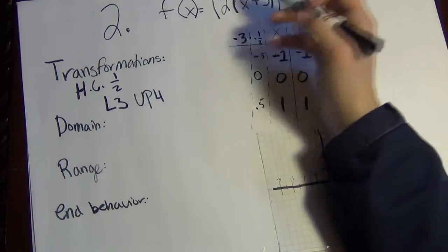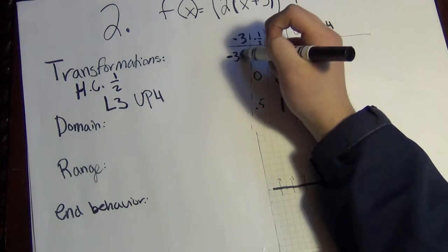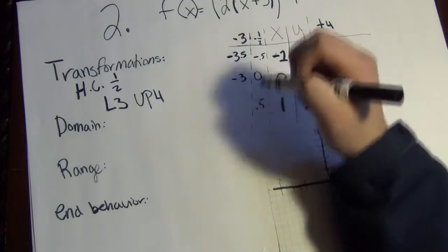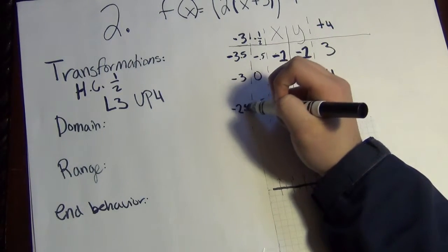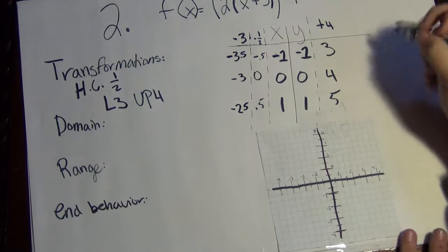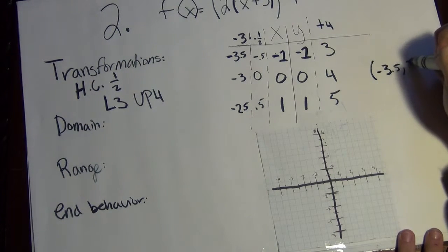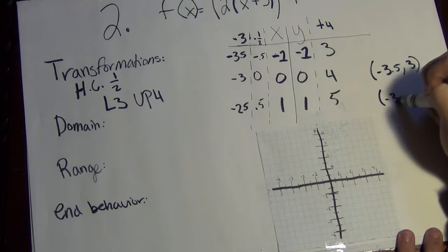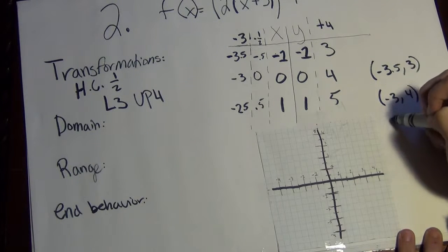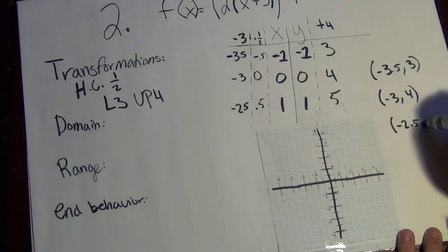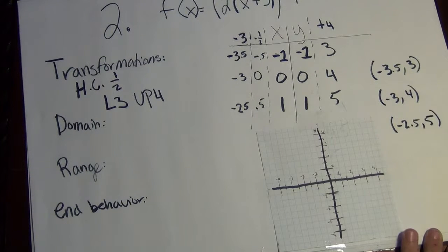And then over here, you're just subtracting 3, so -3.5, -3, -2.5. Alright, so our points will be -3.5, 3, -3, 4, -2.5, 5. Alright, and then all you're going to do is graph these.